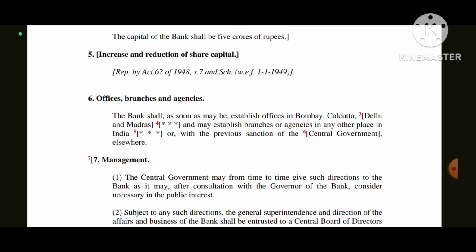So at first there were only 4 offices of the Reserve Bank of India: Bombay, Calcutta, Delhi and Madras, at these 4 places. And under this section, they have the provision to establish branches or agencies in other places of India. And now there are total 33 offices in India.